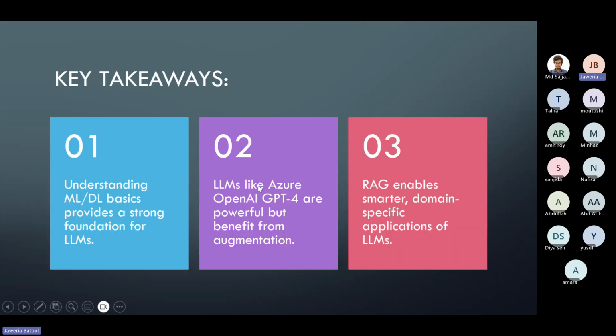So the key takeaways from this session were understanding the basics of machine learning and deep learning, and providing a strong foundation for it. And then we learned about LLMs, and we made Azure OpenAI with GPT-4o and 4o Mini, and how using different models provides you different answers.